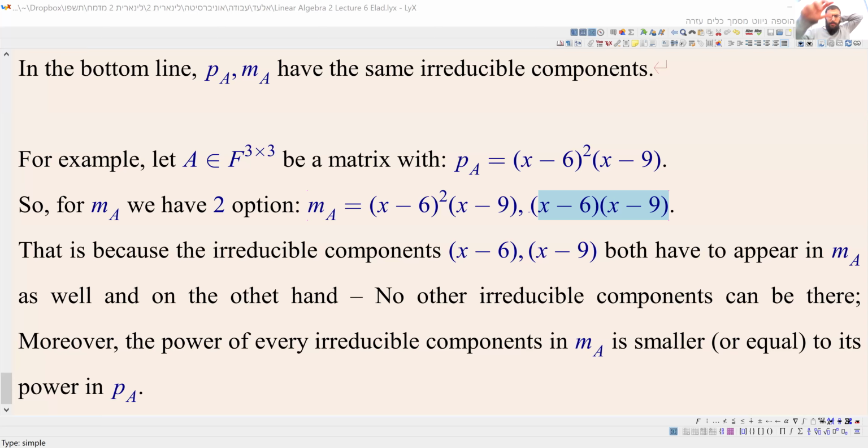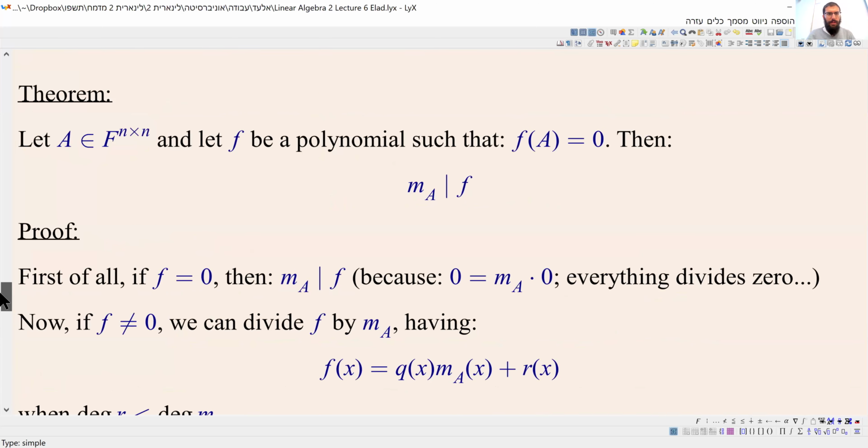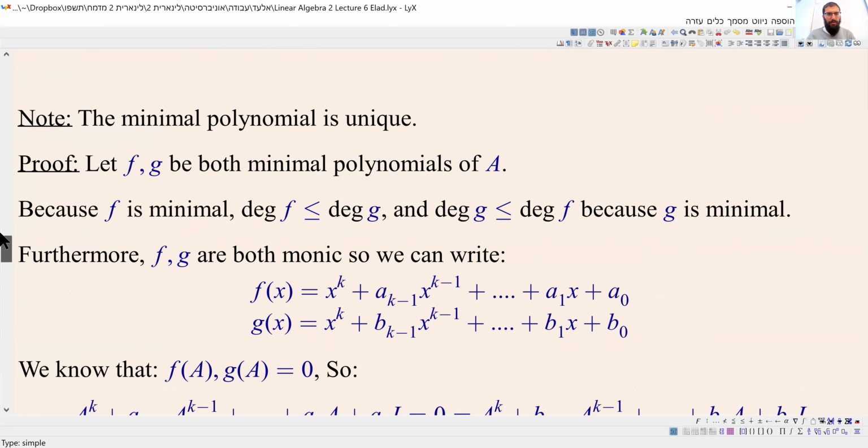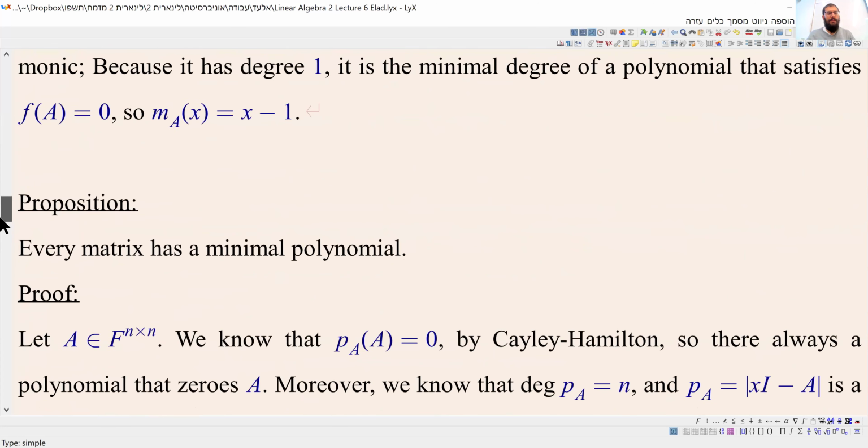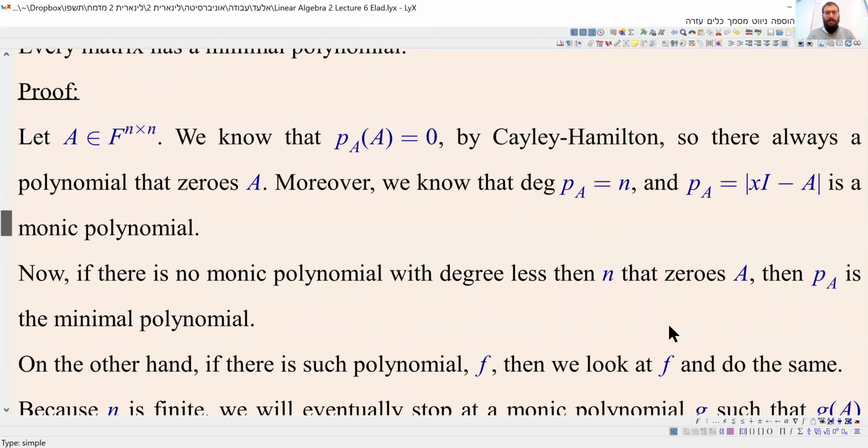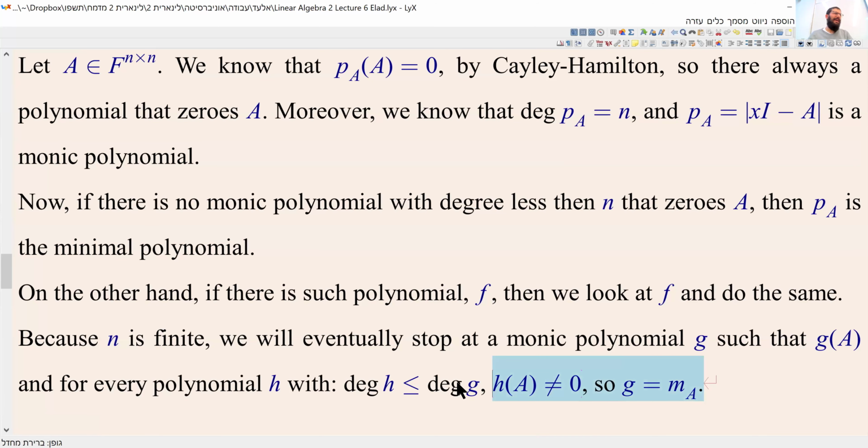So using these propositions, corollaries and theorems, as I mentioned before, when we came back from a break, we said that the minimal polynomial exists, if there is one polynomial with a degree less than its degree, and so on.